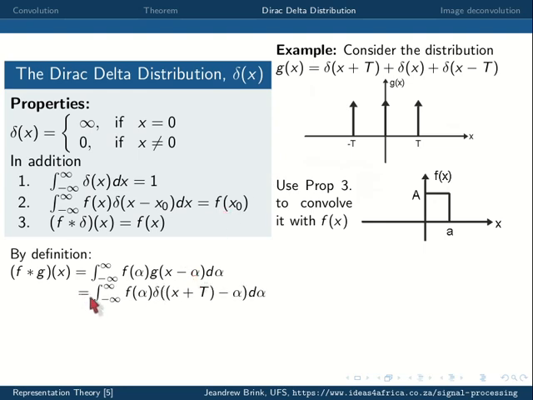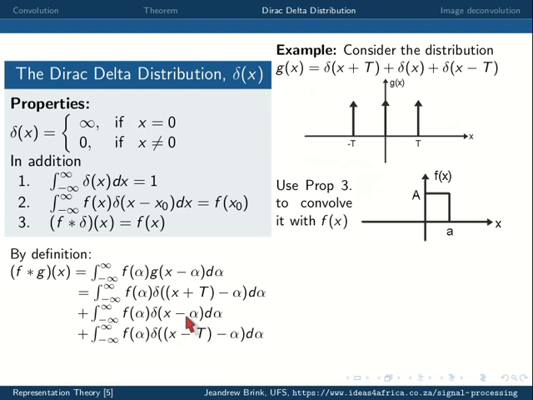What we're going to get is the integral from minus infinity to infinity of f of alpha times g of x plus t, but remember I've got to replace x with x minus alpha, so minus alpha is the first term, plus the integral from minus infinity to infinity of f of alpha g of x, which then here becomes x minus alpha.